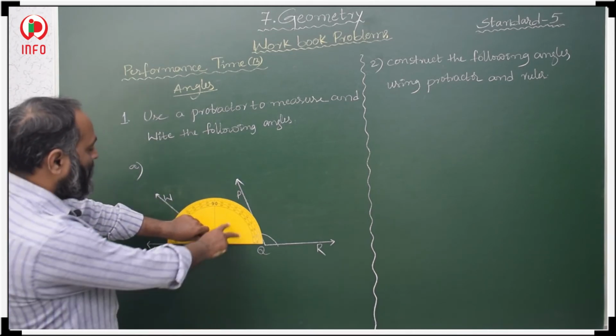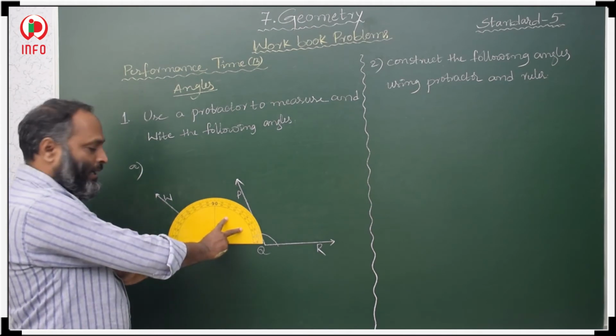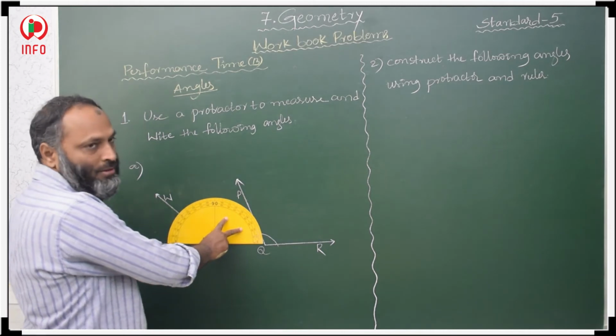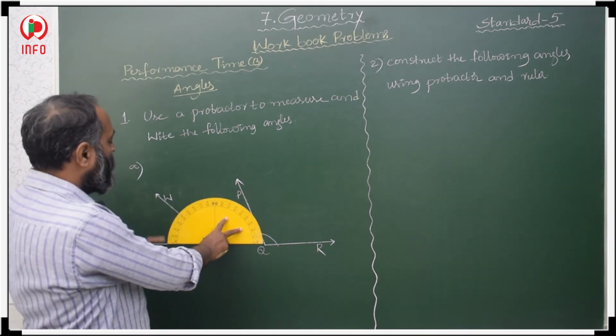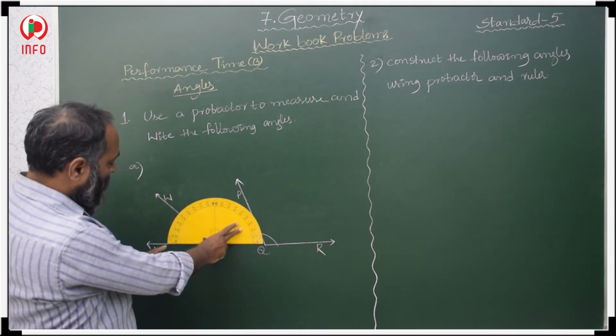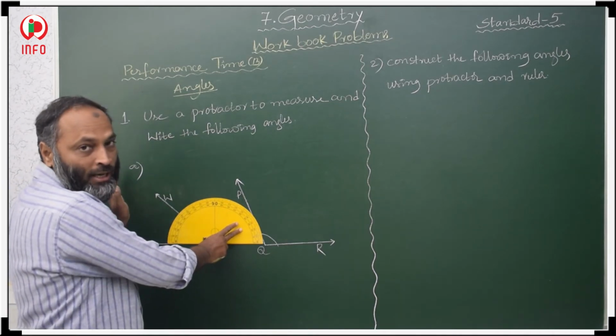Then you have to see that this ray is towards the left. If the ray is towards the left, then we count the upper values, clockwise direction. We have to count carefully.